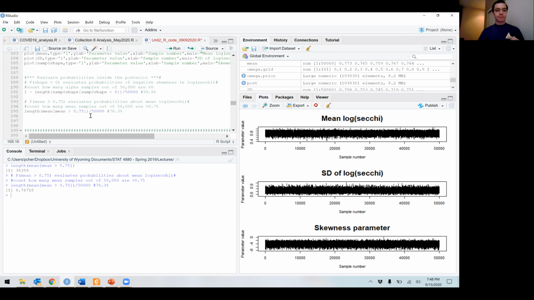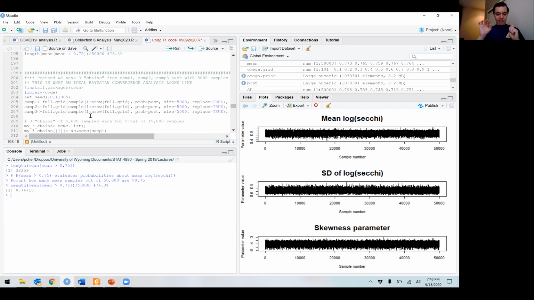So next time, I'm going to keep going with this example, and we're going to pretend that we have obtained what are called 3 different chains. We have obtained 3 separate samples from this posterior, each one with 5,000 samples. This is going to mirror what we do when we work with Markov chain Monte Carlo.